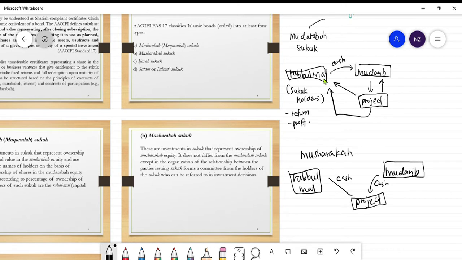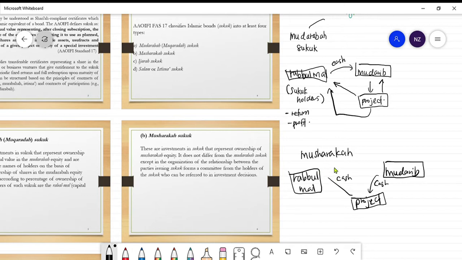And then it says here that what differentiates mudarabah and musyarakah is the relationship between the party issuing the sukuk and the forms of the community. What differentiates them is the sukuk holder, who holds the sukuk in musyarakah.